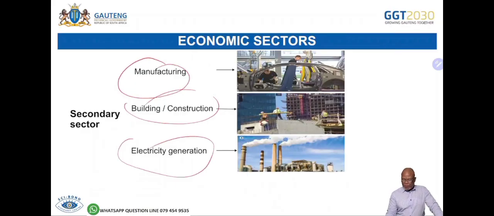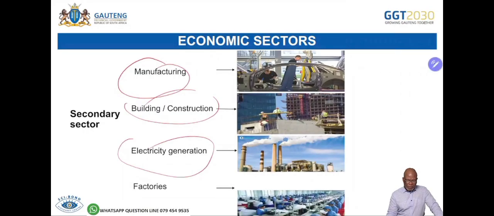So we call this your secondary sector. And as I was saying, you can look at this and ask yourself, this vehicle, is it manufactured in light industry or in heavy industry? So we'll look at those types of industries in our next lesson when we're looking at industrial development next week.